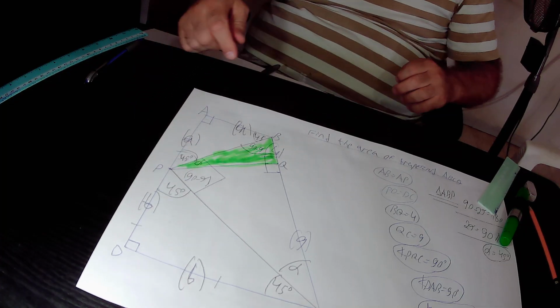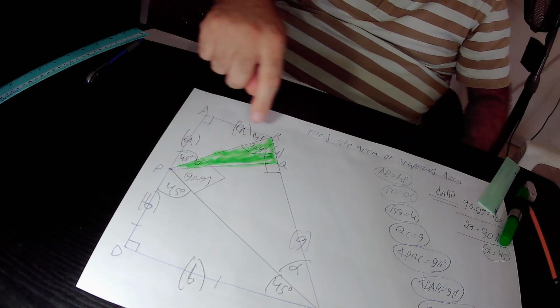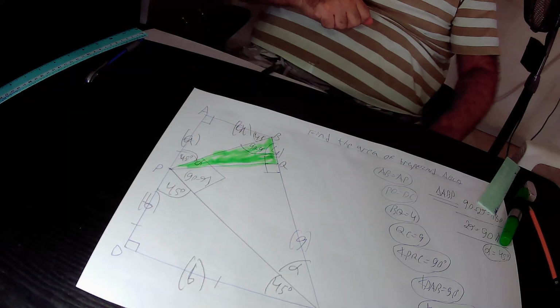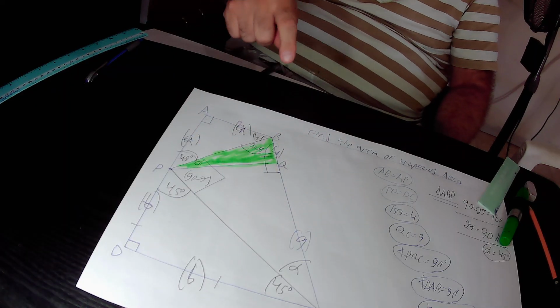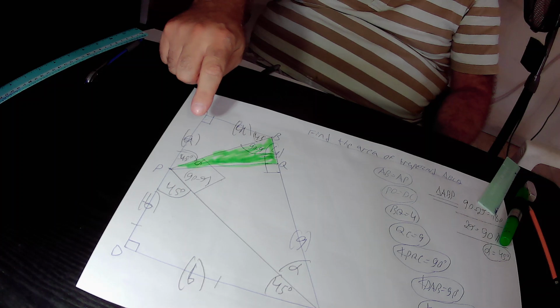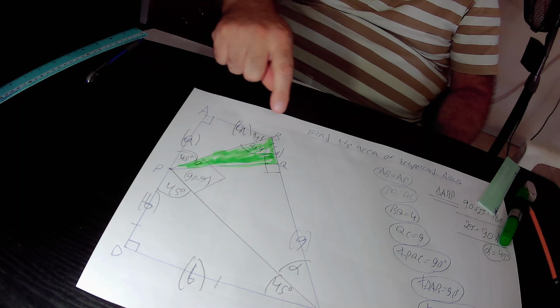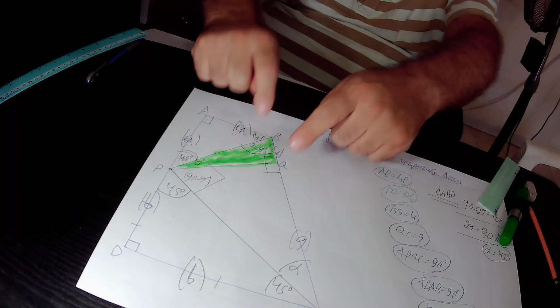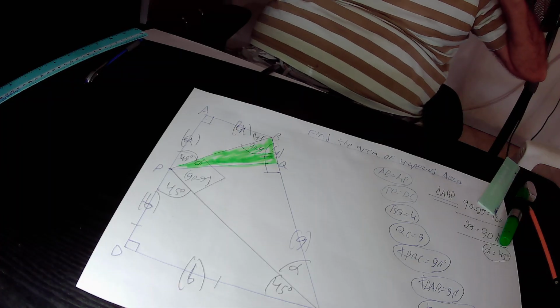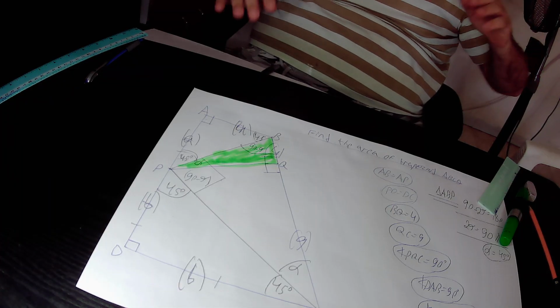So I have proved that all the angles of the big right triangle PQC are correspondingly equal to all the angles of the green small right triangle PBQ. And therefore those two right triangles are similar to each other according to the angle similarity rule.